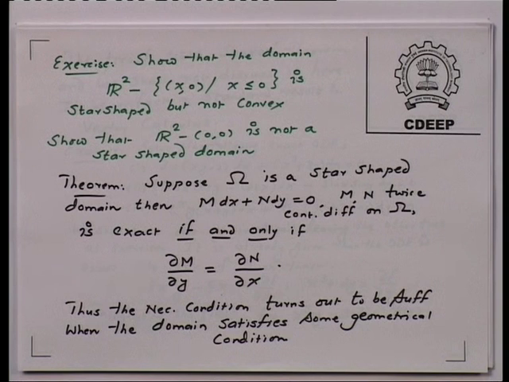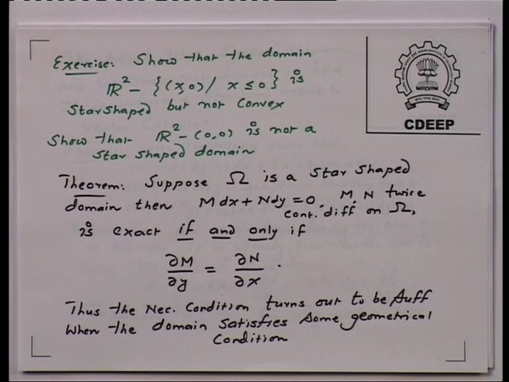then the differential equation M dx plus N dy equal to 0 is exact if and only if ∂M/∂y equal to ∂N/∂x. In other words, the necessary condition becomes a sufficient condition provided the domain satisfies certain geometrical conditions.